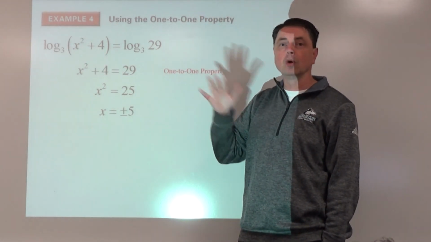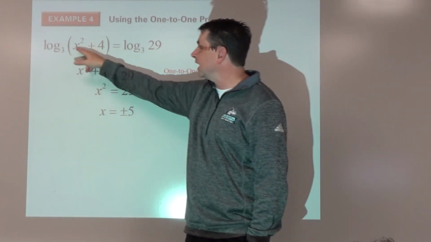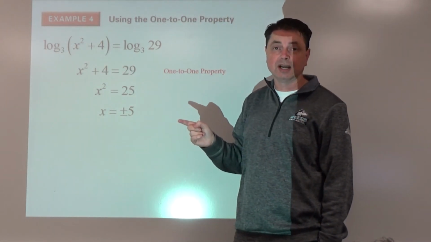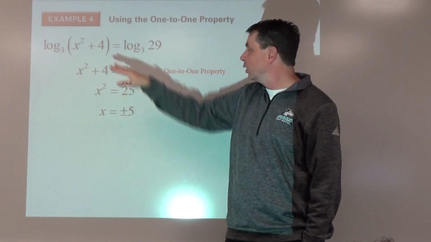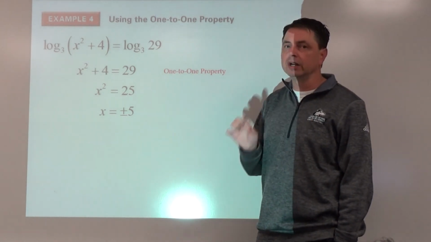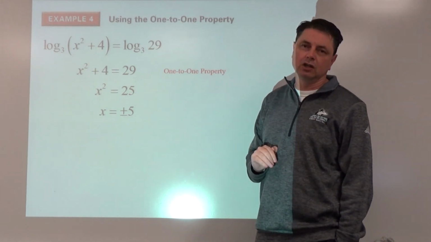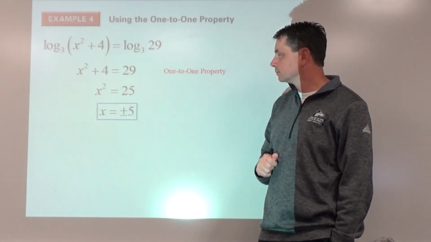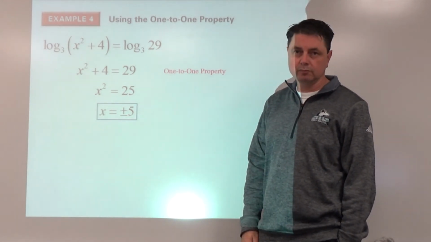That's positive, no problem. If we substitute in negative 5, squared is also 25, plus 4 is 29. That's positive, no issue. Both of them work. It's just an idea that you're going to want to check anytime we're solving a log equation because of the domain issue. They both work, box your answer.